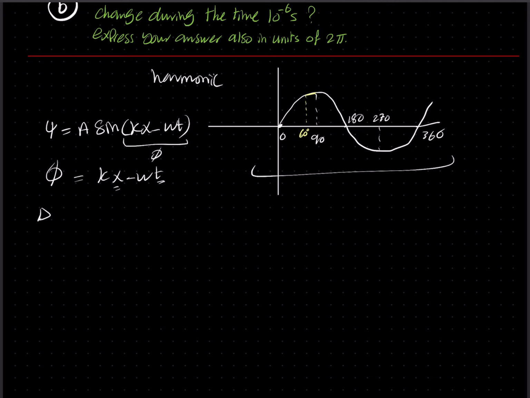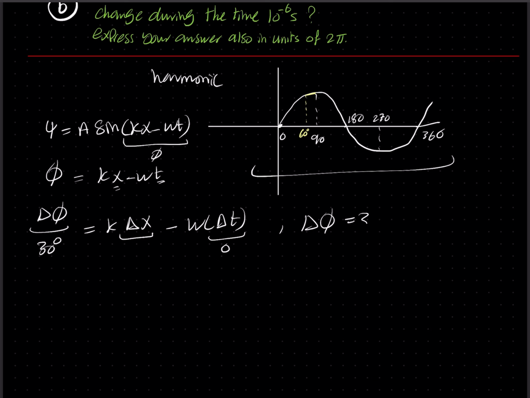So delta phi here is 30 degrees, and this should equal k delta x, the change in the distance, minus omega times delta t, and delta t here is 0 because t is not changing. So we have delta phi equals 30 degrees equals k delta x, change in x.